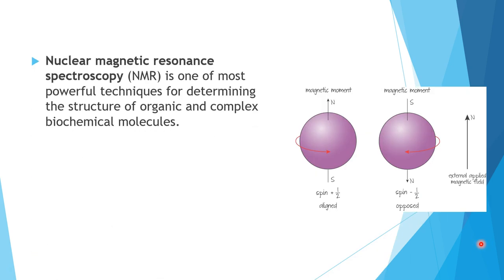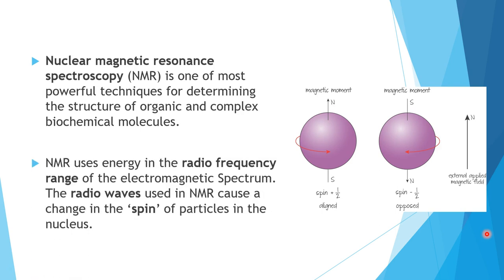Okay, so essentially what nuclear magnetic resonance spectroscopy works on is the idea that spinning charged particles cause a corresponding magnetic field. This is because some nuclei will have a magnetic moment. We call this a spin-a-half number.